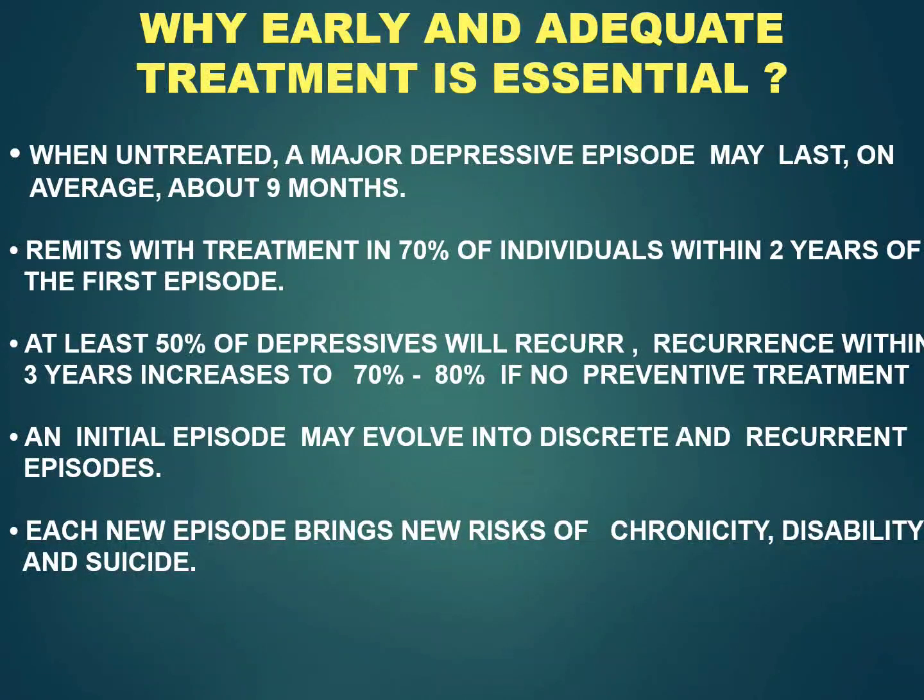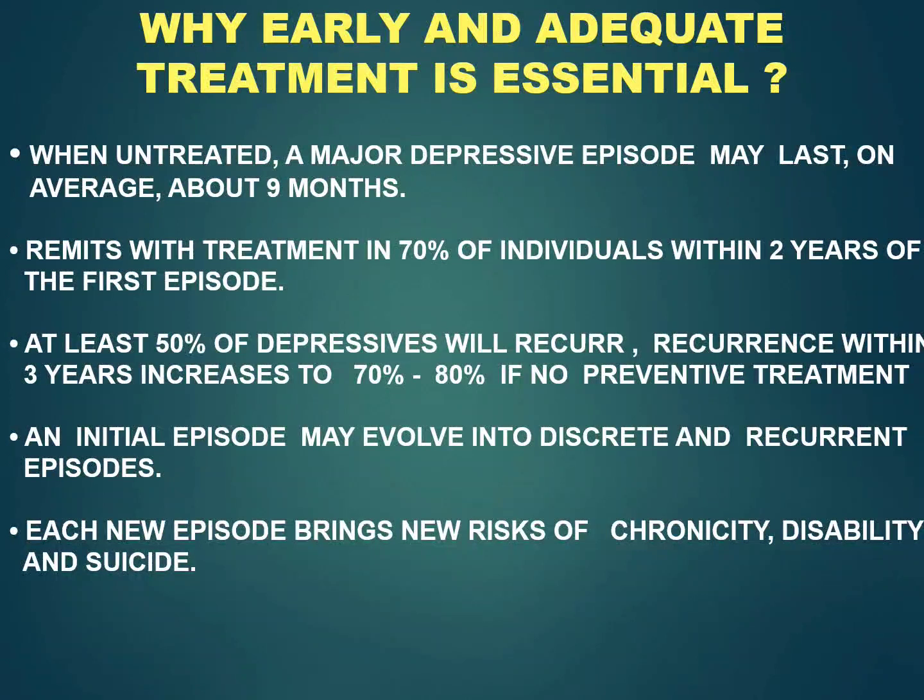Now, why is adequate treatment essential and early treatment essential? When untreated, a major depressive episode may last on average about 9 months. Remits with treatment in 70% of individuals within 2 years of the first episode. At least 50% of the depressives will recur. Recurrence within 3 years increases to 70 to 80% if no preventive treatment is given.